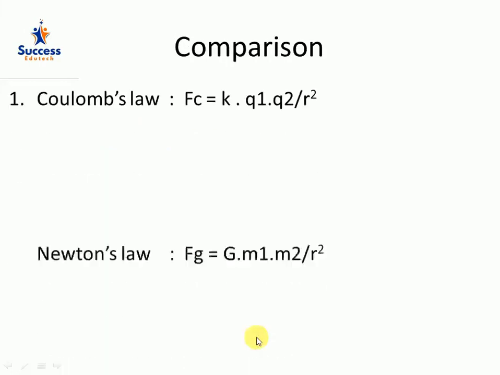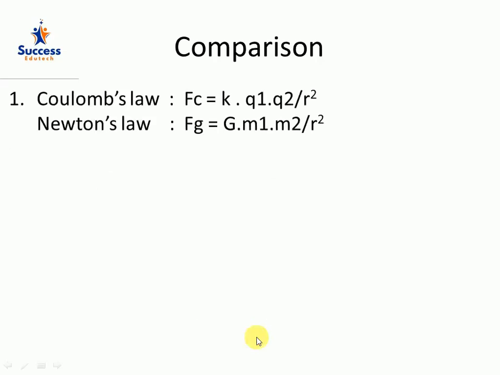Now we have seen Coulomb's law. Now we will see the difference between Coulomb's law and Newton's law, and the similarity between them. Coulomb's law states that Fc, that is the force between two charges q1 and q2, is k into q1 q2 divided by r square, where r is the distance between them.